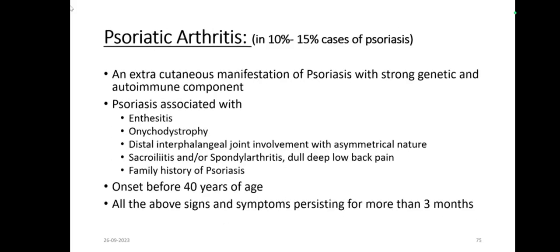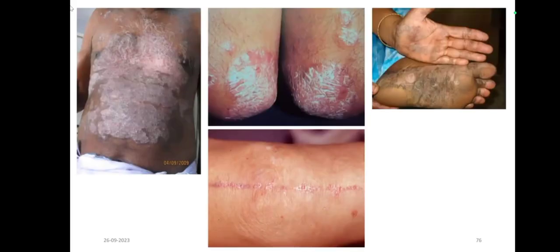These are the photographs of psoriasis. You can see Koebner's phenomenon. In the middle of our pictures, the second photo, there is a linear marking. It's called Koebner phenomenon, and this is plaque psoriasis.